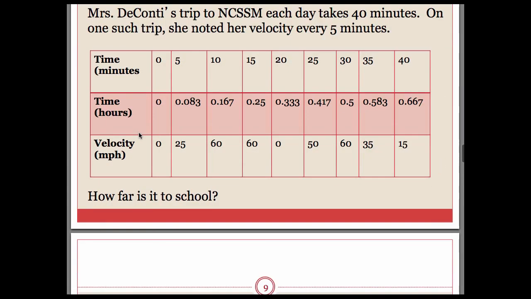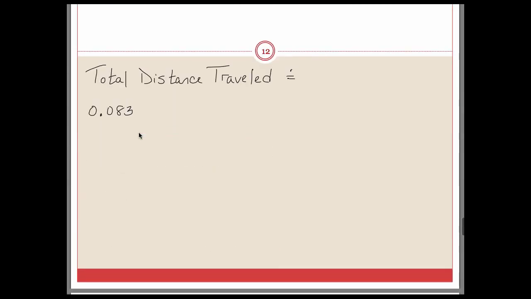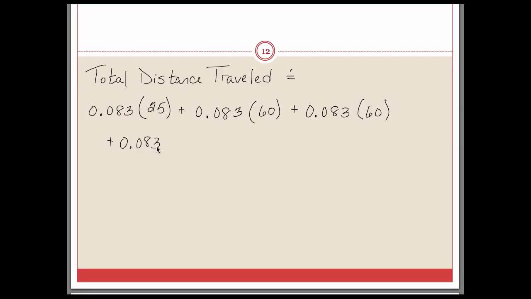So that's 25 miles an hour. All right, second rectangle, same width. Now she's going 60 miles an hour. Third rectangle still going 60 miles an hour. Those are the two rectangles side by side that were the same height. Next one, now this is where we hit the rectangle that had a height of 0.